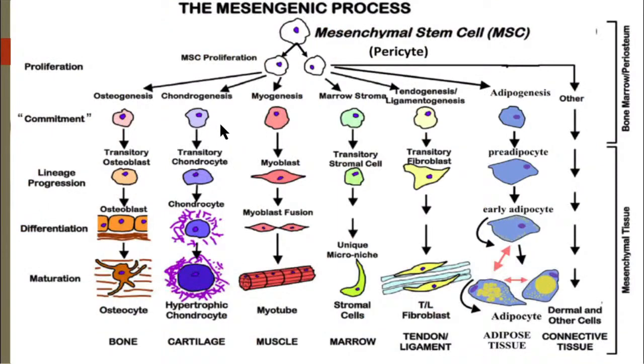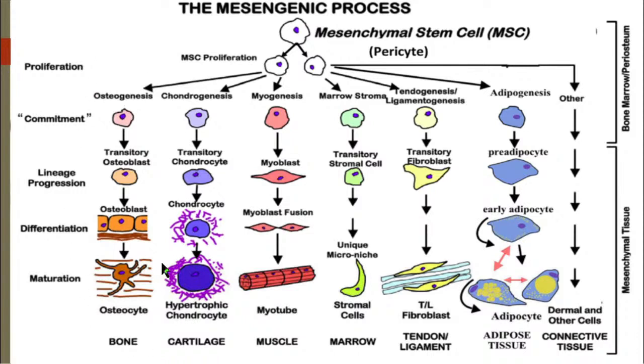Okay, let's now talk about mesenchymal stem cells. Let's see how multipotent mesenchymal stem cells give us the formation of different cell differentiations. The first type will be osteoblastic cell differentiation.